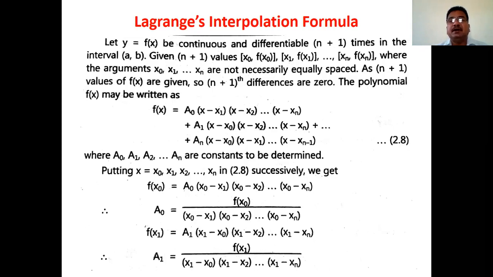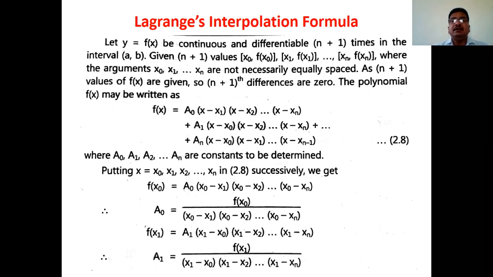That is, if the values of x are equidistant, then we can apply Lagrange's interpolation formula. But if the values are not equidistant, then also we can apply Lagrange's interpolation formula. The previous two, Newton's forward and Newton's backward, are not applicable if the values of x are not equidistant, and the use of these three formulas is the same, that is, to interpolate the value of the function f(x) if the table is given.